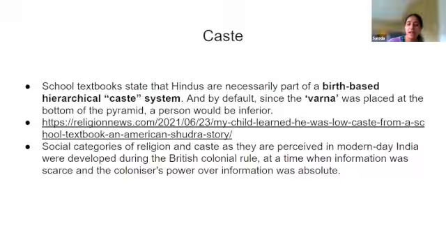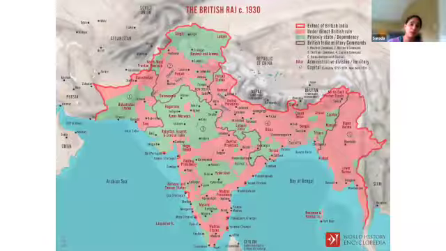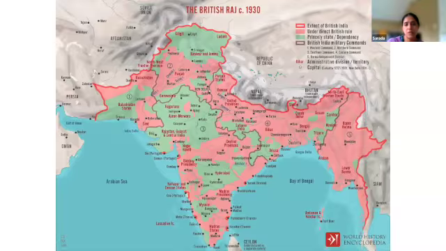So they had more control, and they could kind of create this inequality in the society, which still exists after 1947. Unfortunately, it still exists, and we still do see discrimination based on caste today in both urban and rural areas of India. Not much in the urban spaces, but a lot more in rural spaces of certain parts of India.